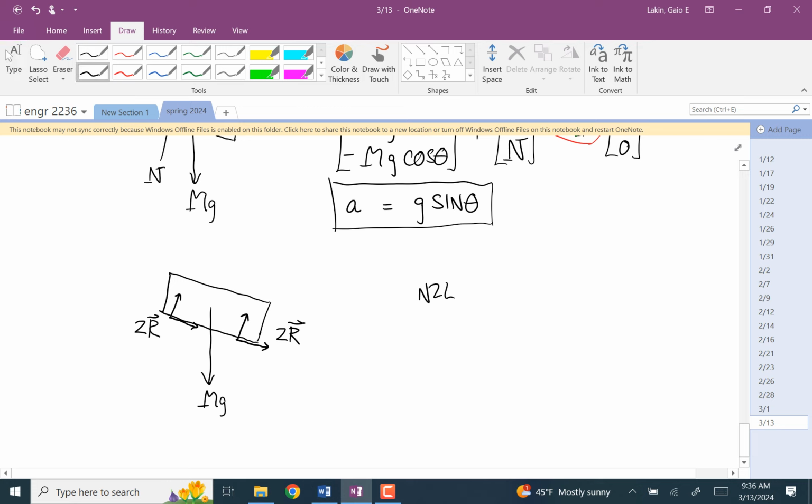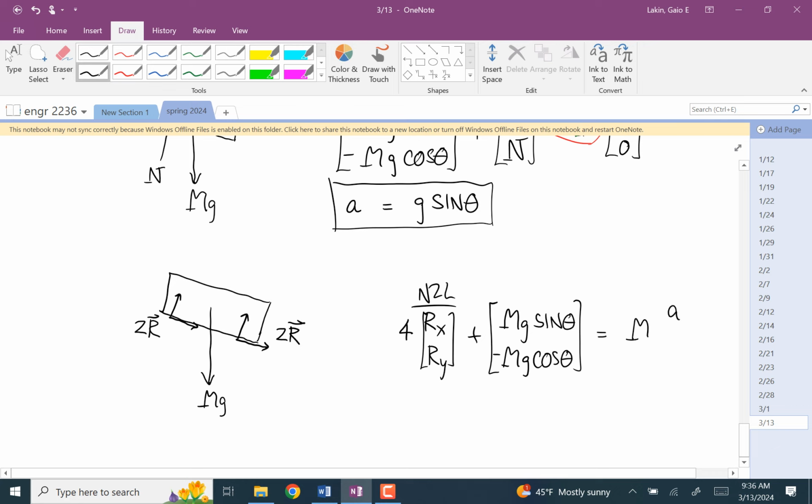And Newton's second law says, so we have 4 times Rx, Ry, plus capital Mg sine theta, negative Mg cosine theta, is equal to the mass times A0.